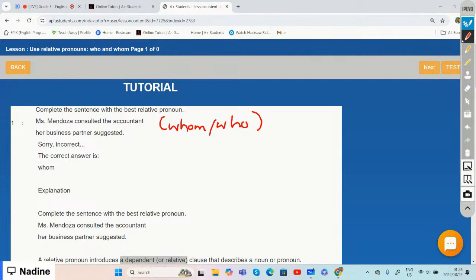So we need to say Miss Mendoza consulted the accountant. Do we say whom her business partner suggested, or do we say who a business partner suggested? Which one is correct?